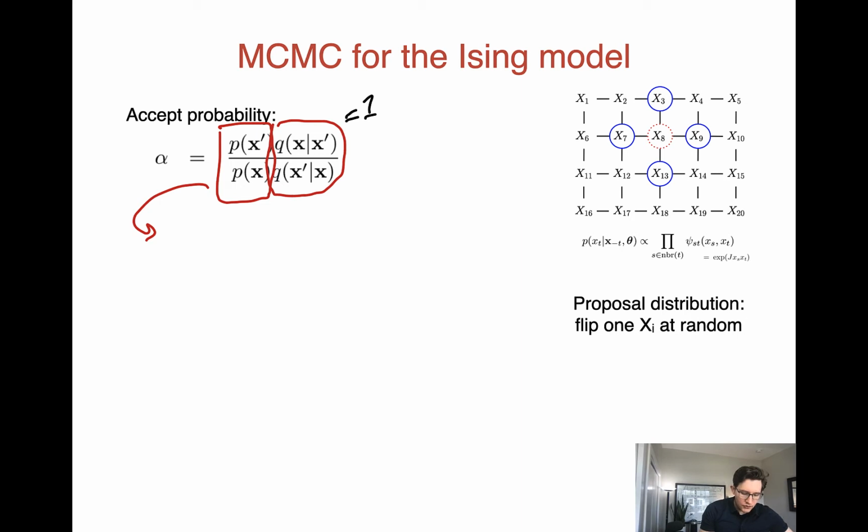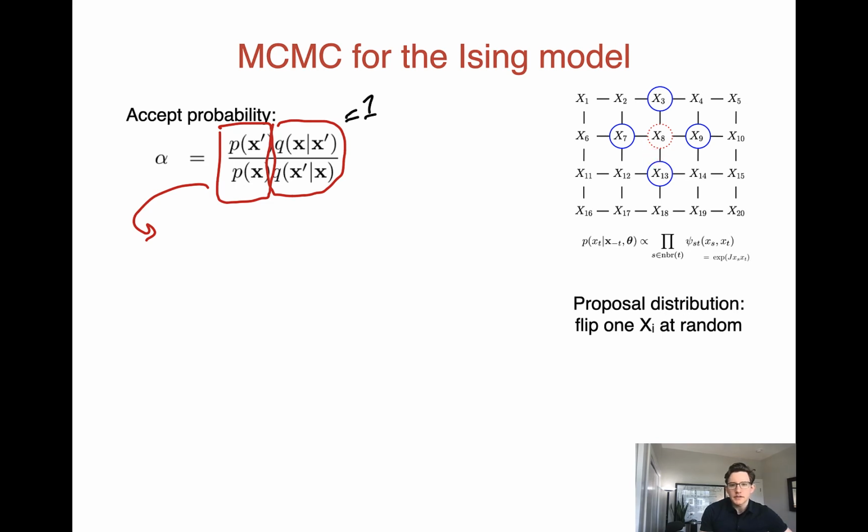So all we have to do is look at our probability for x prime and x. Note that the only things that are going to change when we flip, for example, x8, are the factors that involve x8. So the factors for these 4 edges here are going to change.